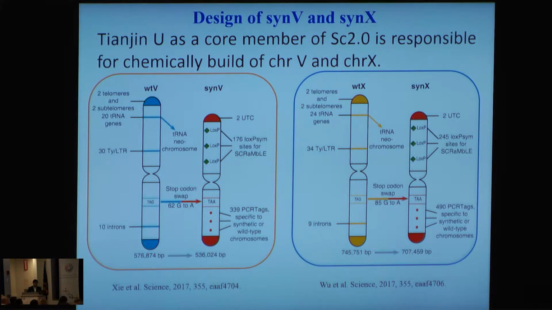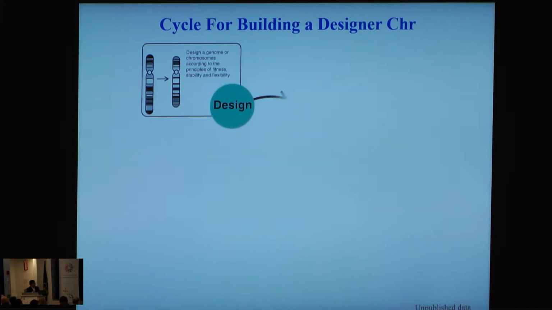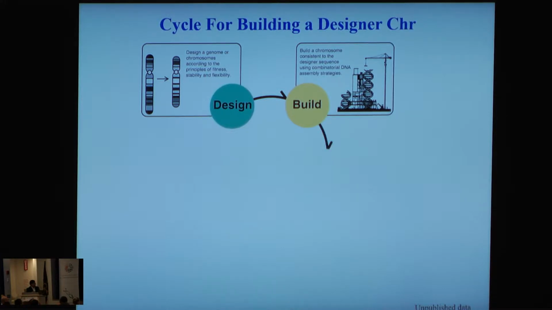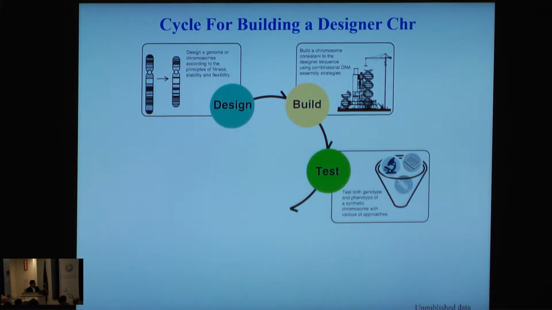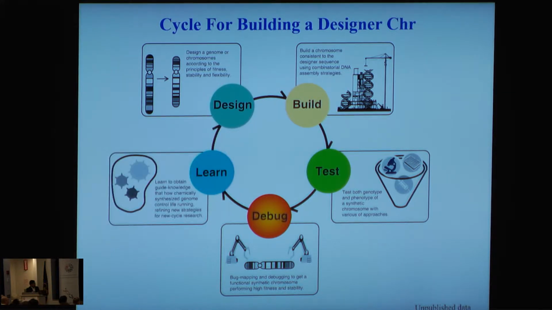What we learned from this project, for building a designer chromosome, is that we first design and build, then test, do bug mapping and debugging, and learn knowledge, and then we can redesign. So it is a cycle.